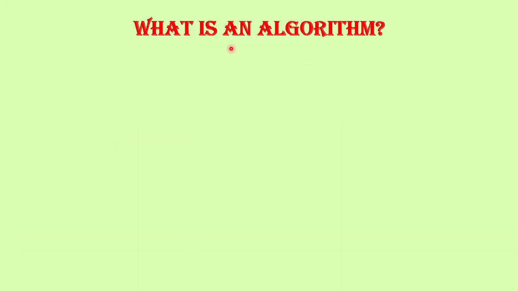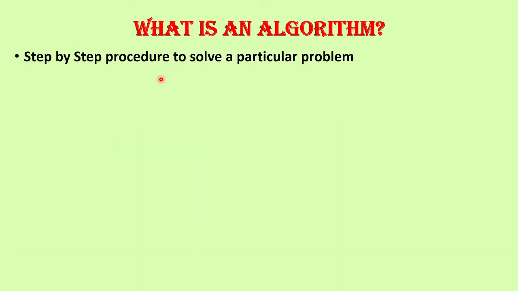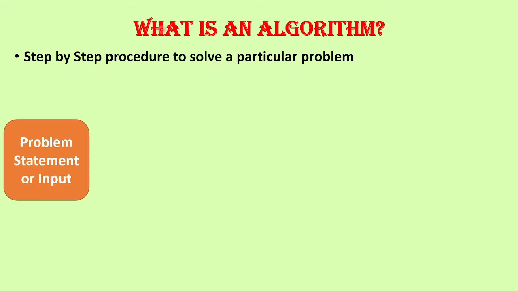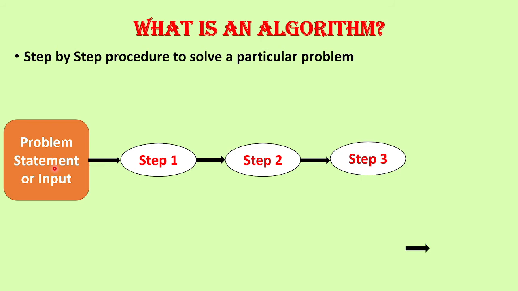Now we'll see what is an algorithm. Algorithm is a step-by-step procedure to solve a particular problem. For example, any problem given to you, you need to follow a step by step procedure to solve that problem. If you take a maths problem also, you need to apply a step by step procedure in order to get the output.